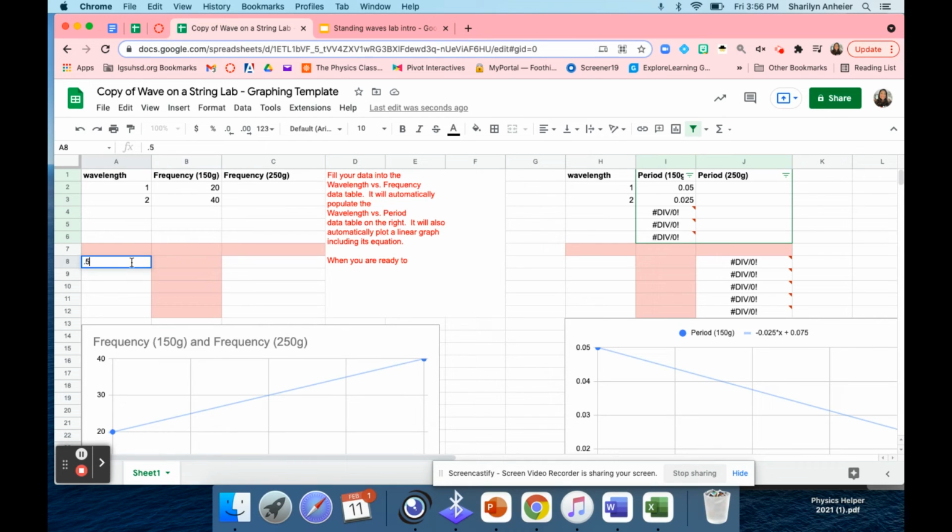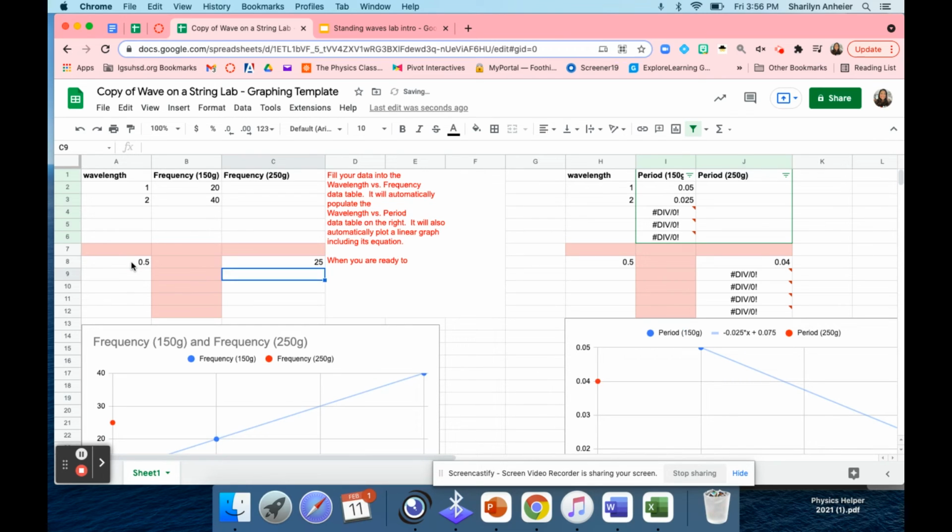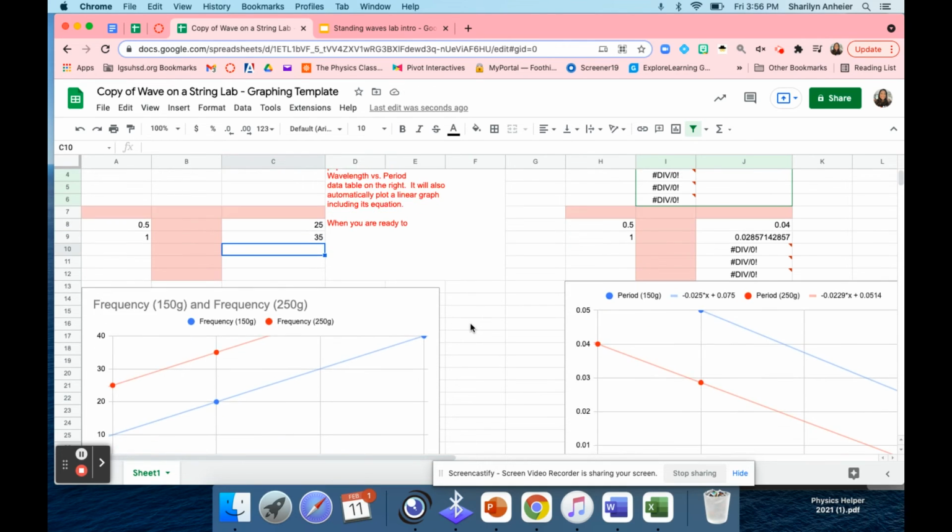Let's say we got a different wavelength, because you will, and I got a frequency of 25. Notice how that's a red dot now. Let's say I got a frequency of 1 and 35. So now we're going to have a second graph populate for your 250 gram data. So you're going to see both of them separately, but on the same graph so you can compare and contrast.